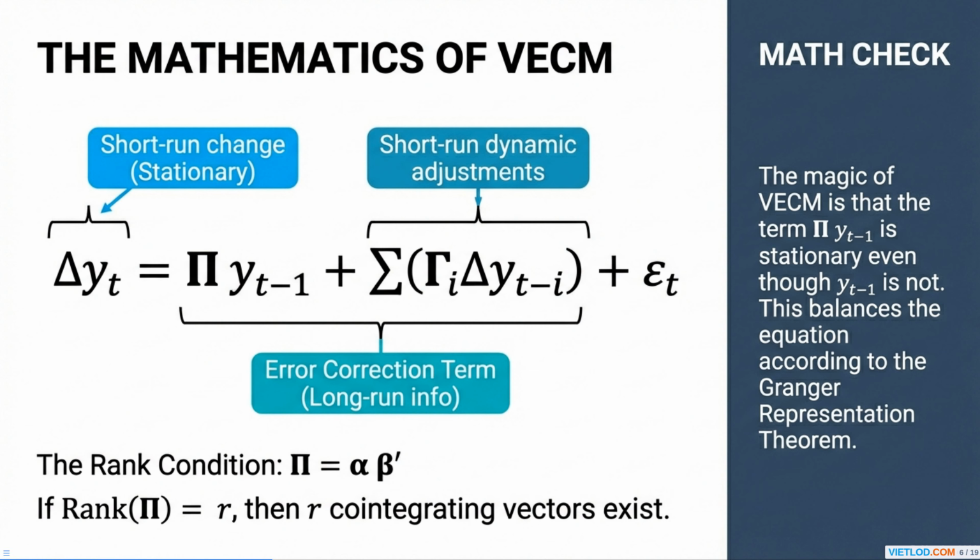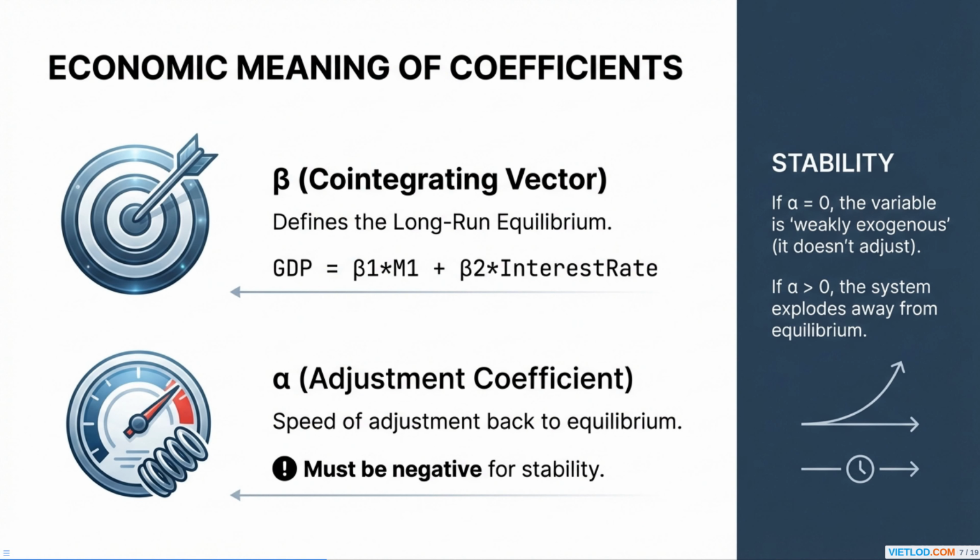The second part of the equation, the summation of Gamma_i delta Y_{t-i}, captures the short-run dynamic adjustments, showing how past changes influence current adjustments. Below the main equation, we see the rank condition for the Pi matrix, where Pi equals alpha beta prime. If the rank of Pi is r, it indicates that r cointegrating vectors exist, defining the number of distinct long-run relationships among the variables.